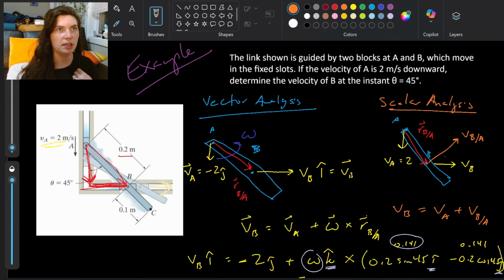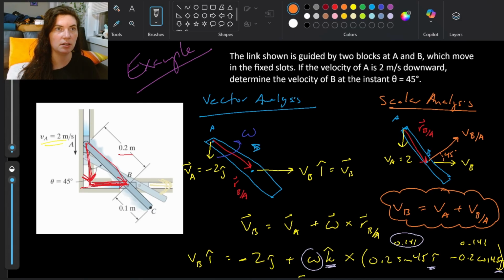And this angle here, I'll go ahead and note that in, that is 45 degrees. This AB is at a 45 degree angle, so when we're perpendicular, it's still at a 45 degree angle. So with this scalar analysis, we're breaking every vector we see here into x and y components and plugging into this equation here.